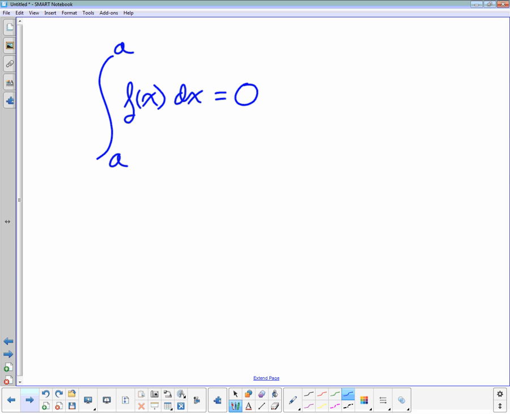If I take the integral of any function from 3 to 3, I'm looking at the area underneath the curve at a point, right? What is the area of that rectangle? It has no width. So in a sense, it has no area.